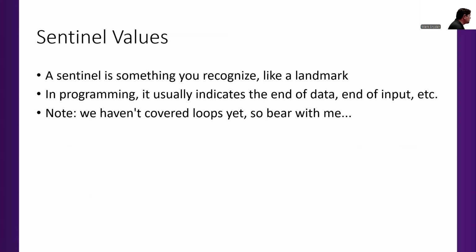Okay, something useful for you. Has anybody read in the book and come across the term sentinel value yet? Okay, well, they will. You can Google it, find out what sentinel value means, get more information. But you can think of a sentinel as just like a landmark, something that when you come across it again, you'll recognize it.